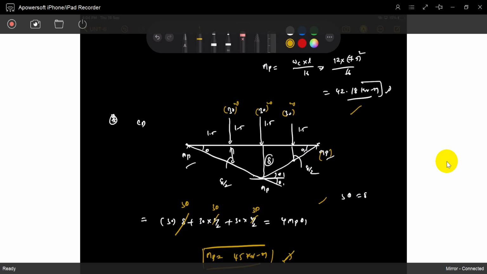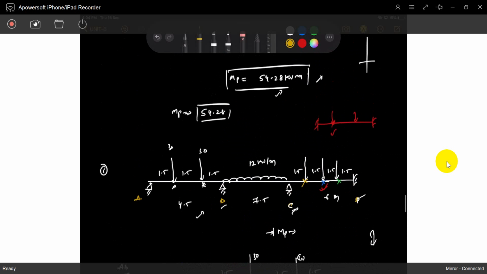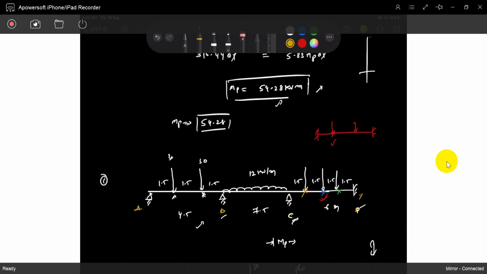No need to consider the total continuous beam as one, and we don't take it as four possibilities. Now you can observe, how much is the indeterminacy? Indeterminacy is 1, 2, 3. So we require 4 hinges to collapse it.